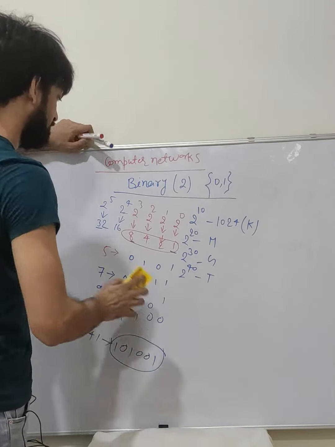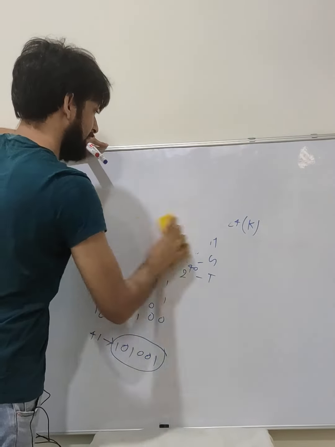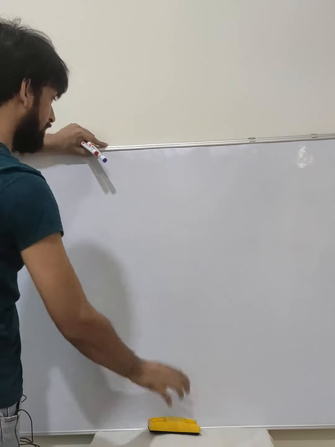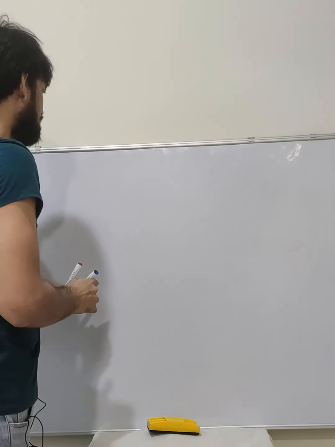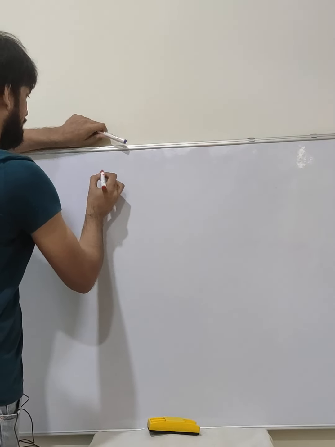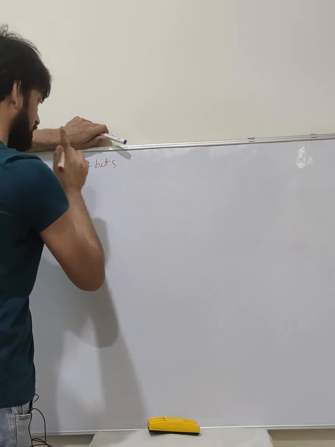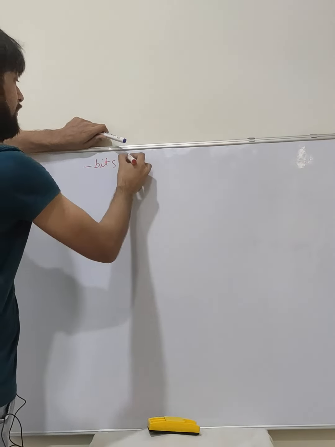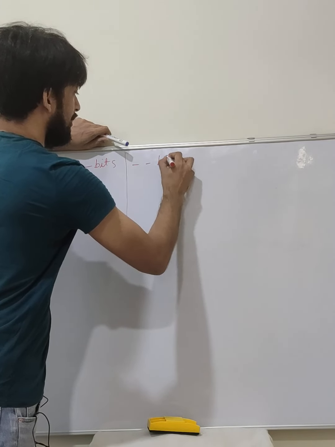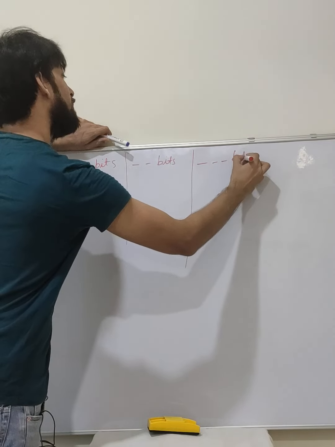Now see this. Suppose there is a sequence of numbers of 1 bit, or 2 bits, or 3 bits.